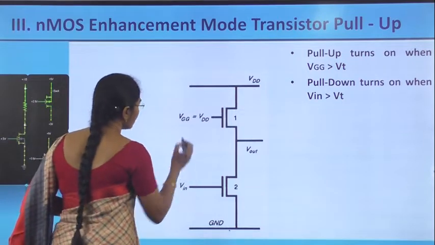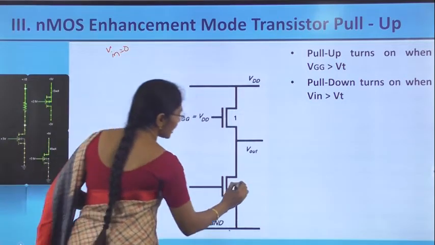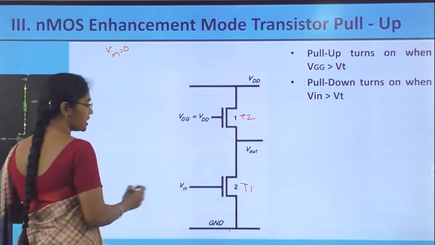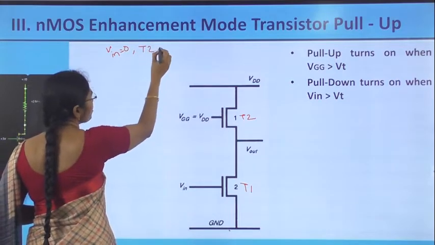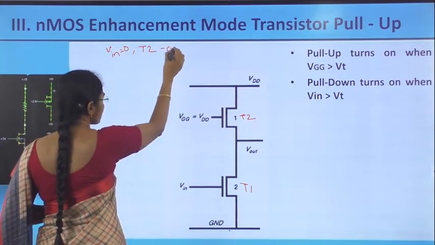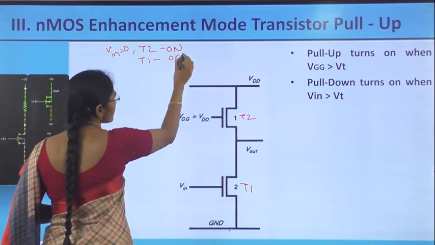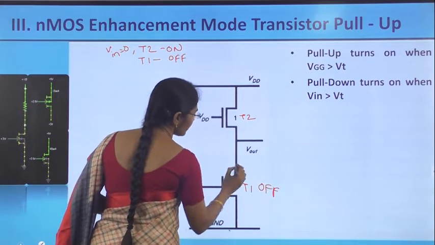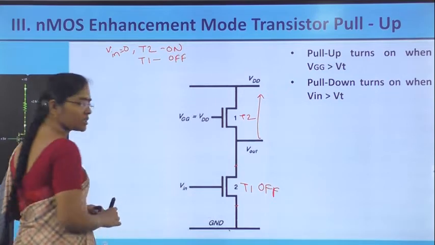Let us take Vin equal to 0 first, with the T1 transistor and the T2 transistor. Now what will happen? When Vin is logic 0, T2 is always on and T1 is off. Since T1 is off, it acts as an open circuit and Vout reaches VDD.